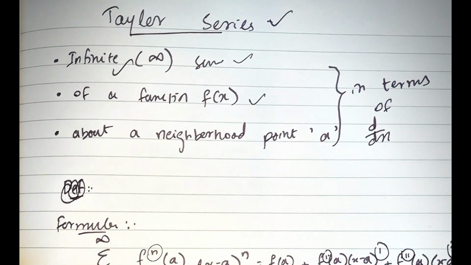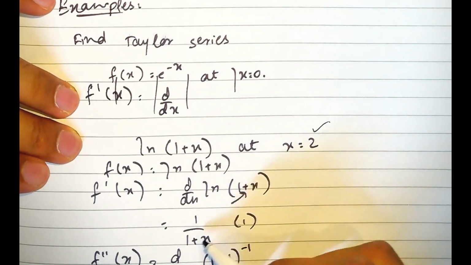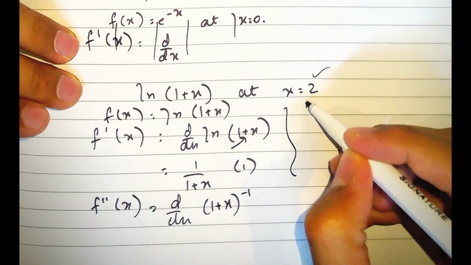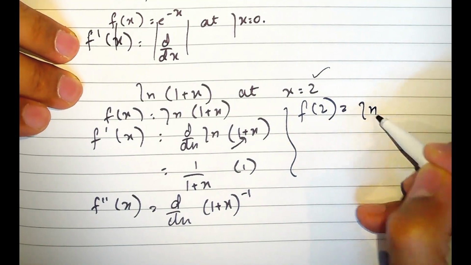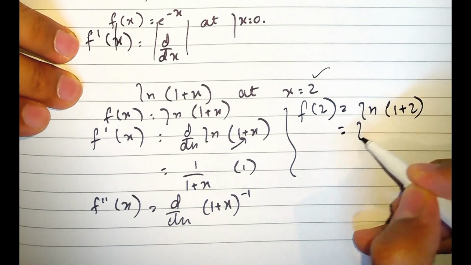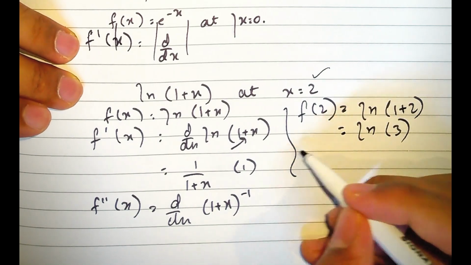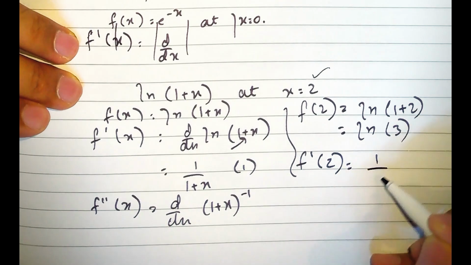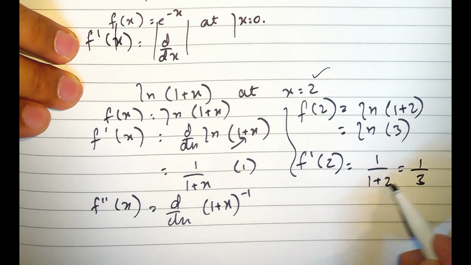We know that the value of x is actually 2. So I can put the value of x wherever I have x in this function. First of all, f(2) will give me log of 1 plus 2, which is equal to log of 3. Then we have the first derivative of f at 2, so it would be 1 divided by 1 plus 2, which gives us 1 divided by 3.